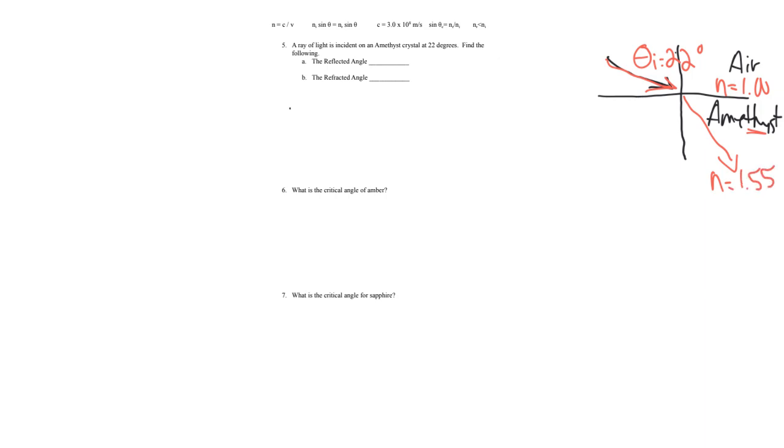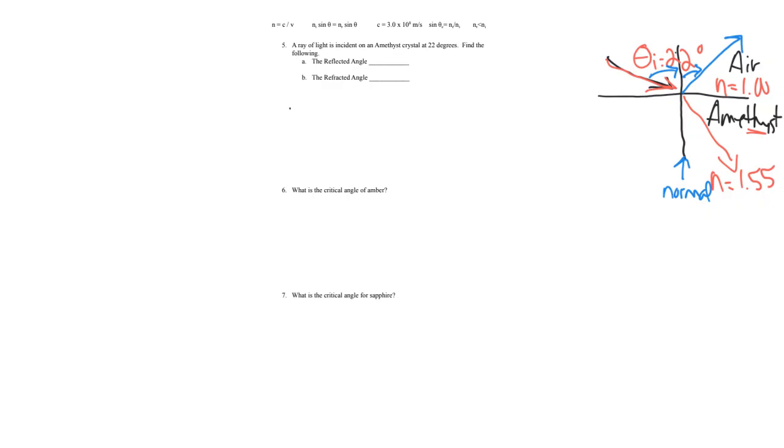This is going to be a Snell's law problem and also a reflected angle problem. So the reflected ray is going to bounce off of the substance, and we are going to measure the angle from the ray to the normal. And remember, this line is the normal. We also measure the angle between the normal and the reflected ray.